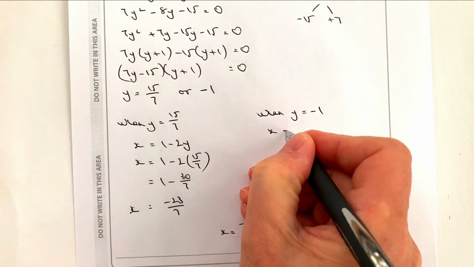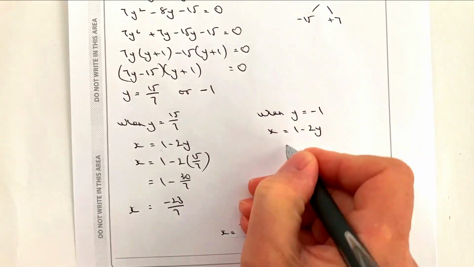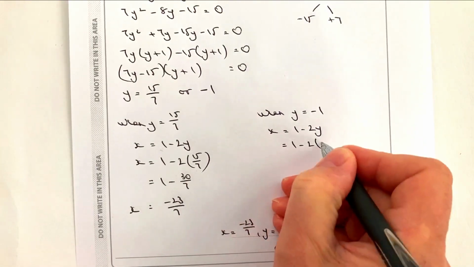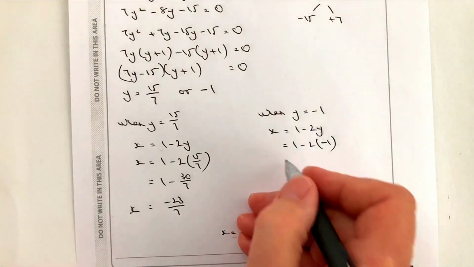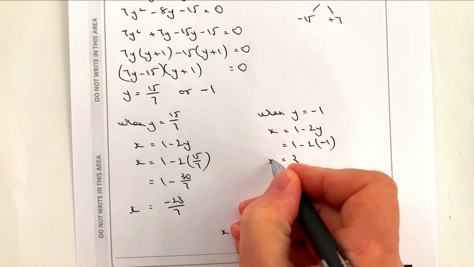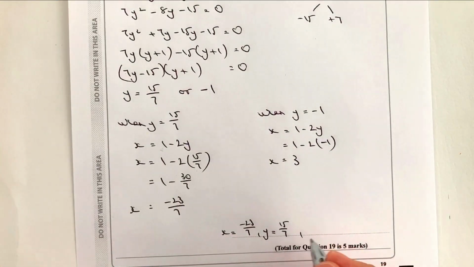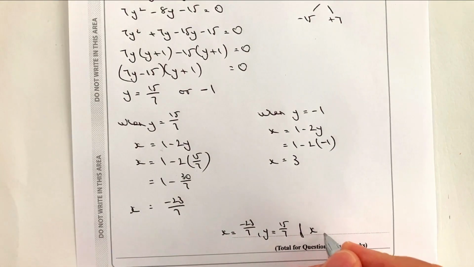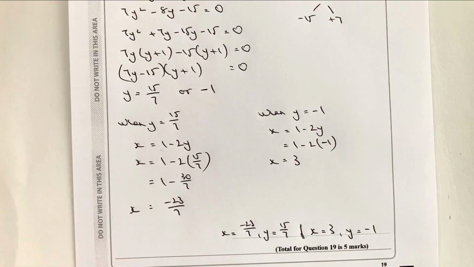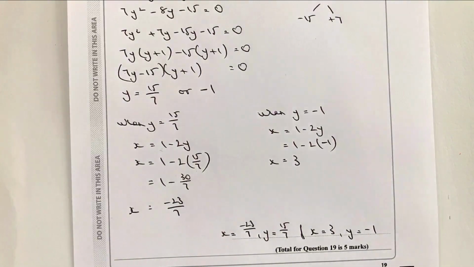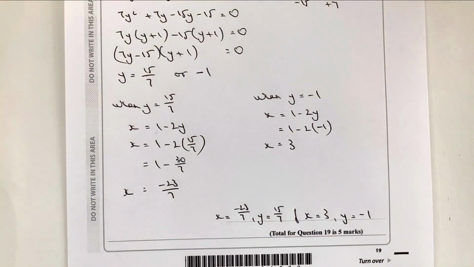The value of x is going to be 1 minus 2y, which is going to be 1 minus 2 times minus 1. Remember, a minus times a minus is a positive, so that's going to give me a value of 3. x equals 3. So my final one is going to be x equals 3 and y equals minus 1. And that's the answer to that particular question.